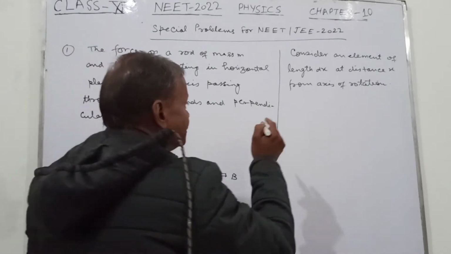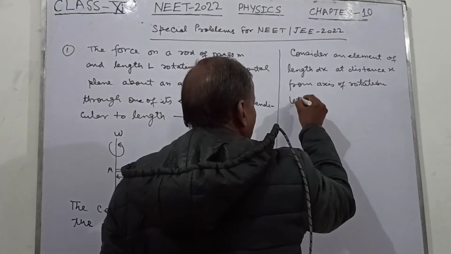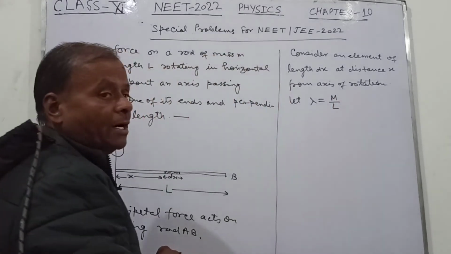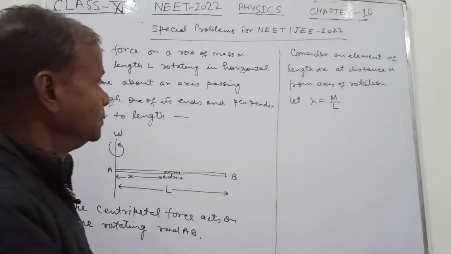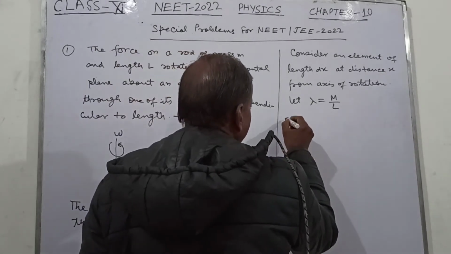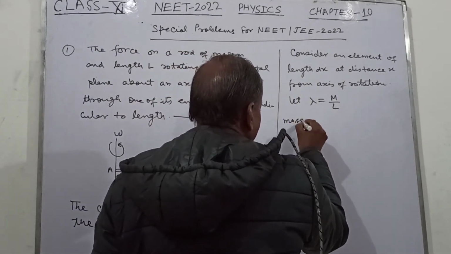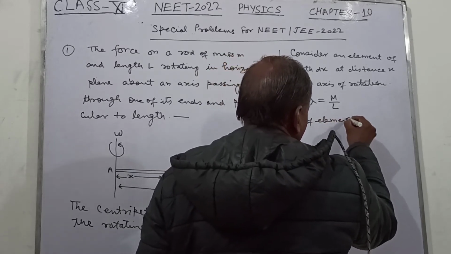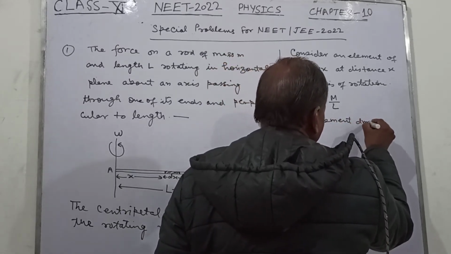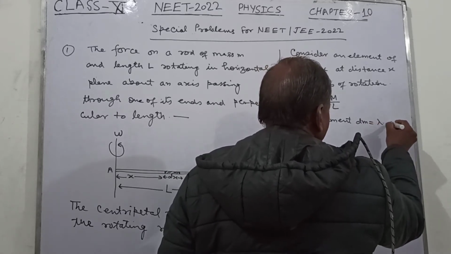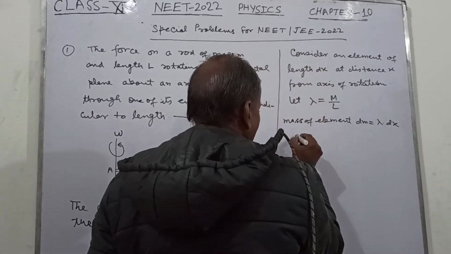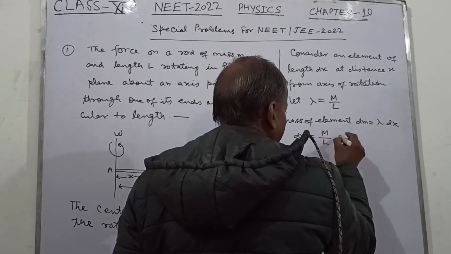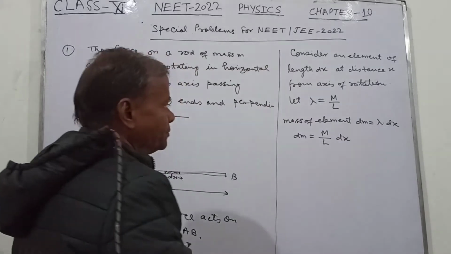Now let lambda equal m upon L. This is the mass per unit length. So the mass of the element, dm, is equal to lambda into dx. So this dm is equal to m upon L into dx.